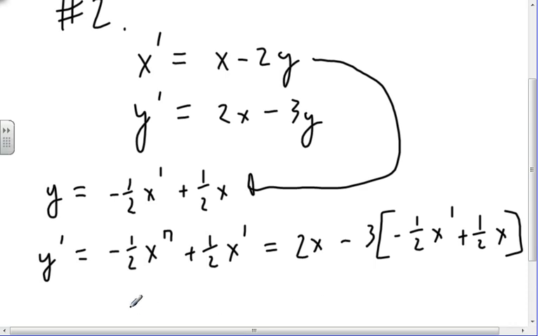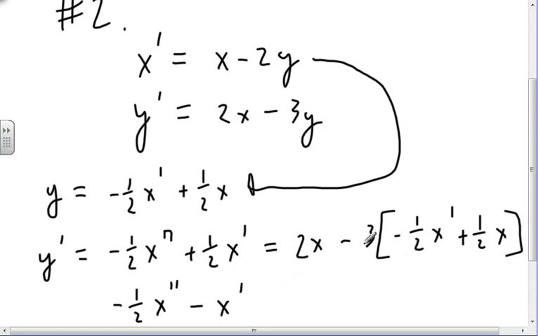Okay, so I've got minus 1/2 x double prime. I've got 3 halves positive. Those 3 halves are going to be negative. I'm going to have minus x prime.